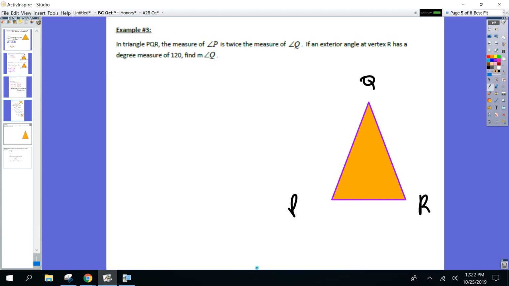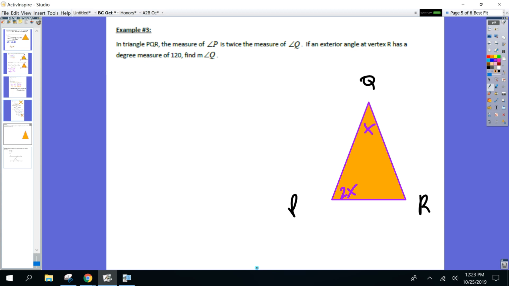P is twice Q. Do x for Q. Yep, 2x for P. There you go.